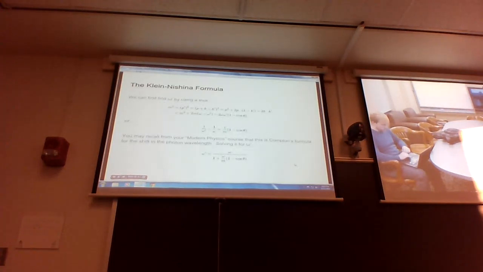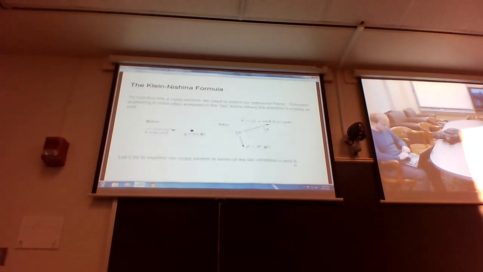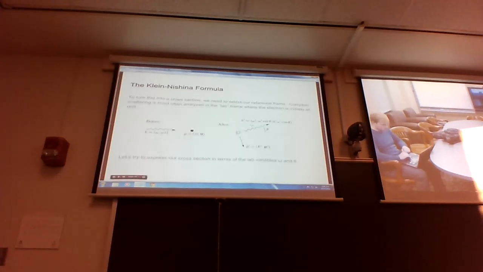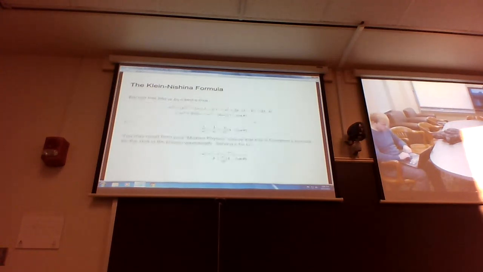All right, but before you do that, you go back and look at this here, and you have this omega prime, and you don't know what that is. You could solve for it by writing down conservation of energy, conservation of momentum, and all that stuff, and actually solve for omega prime. With Mathematica or something like that, it's not that bad. But you can actually compute it using a trick.